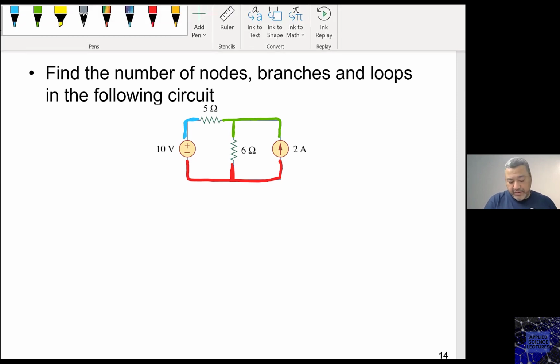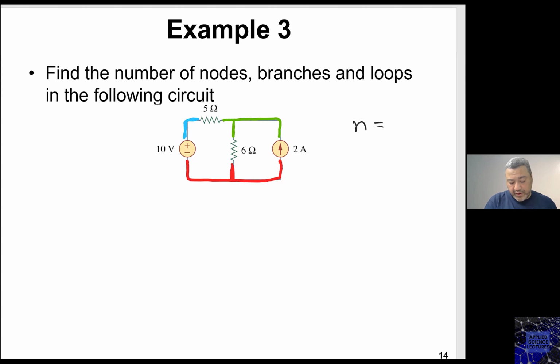So I have here n equals 3. Branches are 1, 2, 3, 4. So I have B as 4.